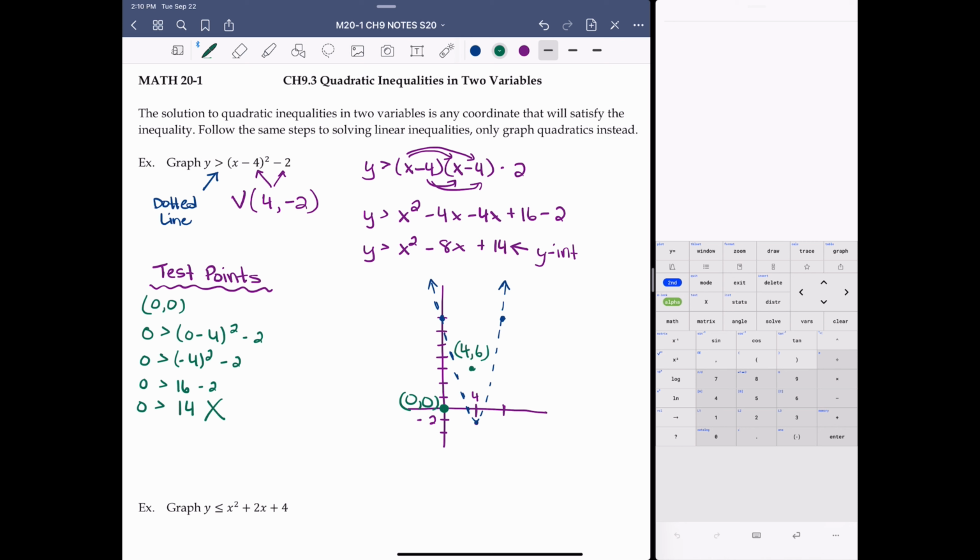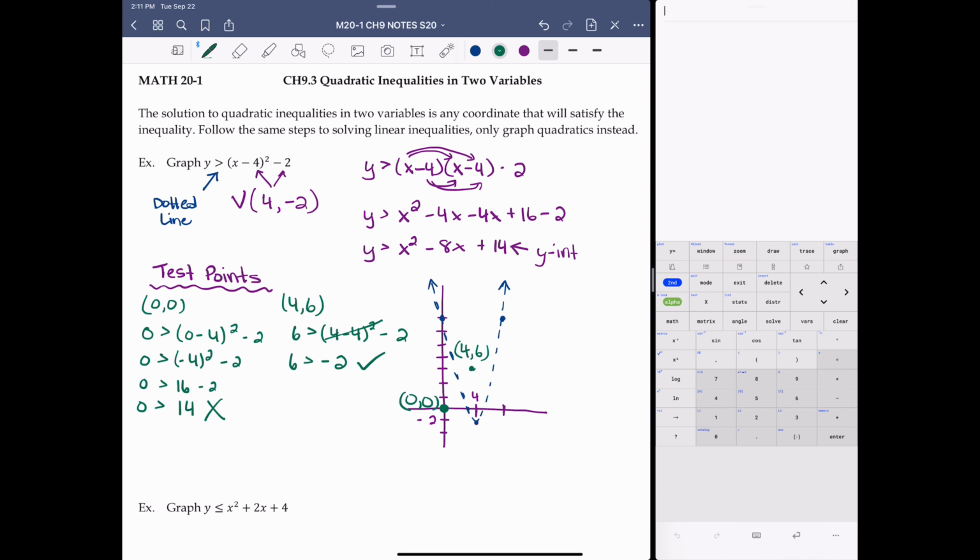Let's test that point. Y, which is 6, is greater than x, which is 4, minus 4 squared, minus 2. 6 is greater than 4 minus 4 is 0, so that's gone. So 6 is greater than negative 2, is that true? Yes, 6 is greater than negative 2.